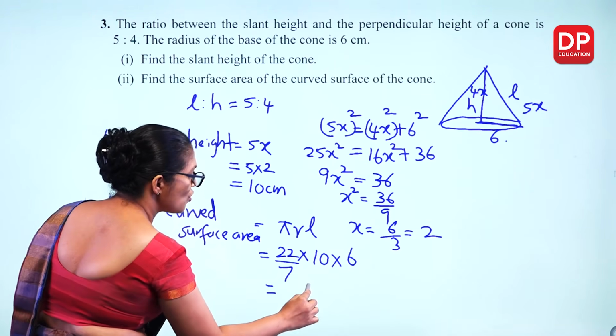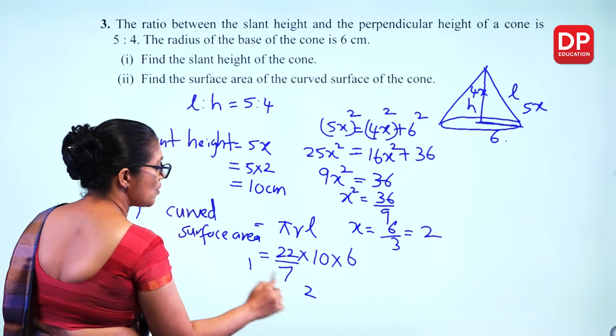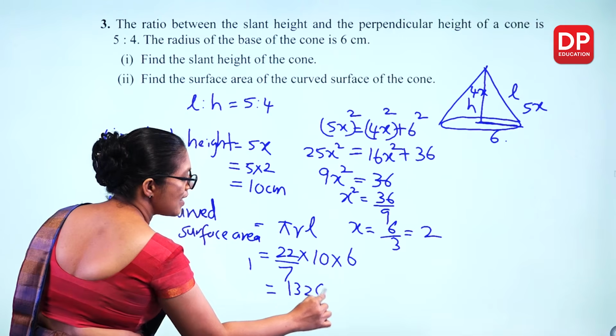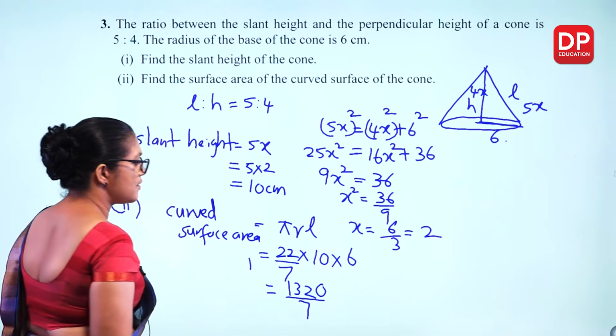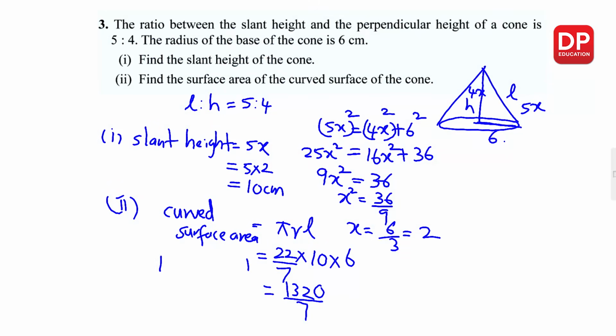So 6 times 2, 12, and 22 times 6 gives 132, with a 0, so 1320 divided by 7. So what's that? 7 times 1, 7. What's remaining? 6. For 62, 7 times 8, 56, 6 remaining.